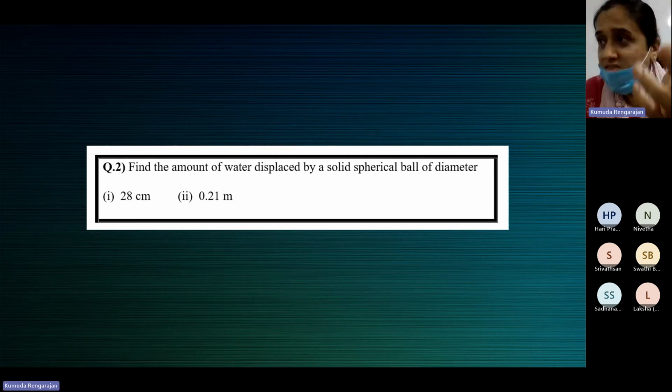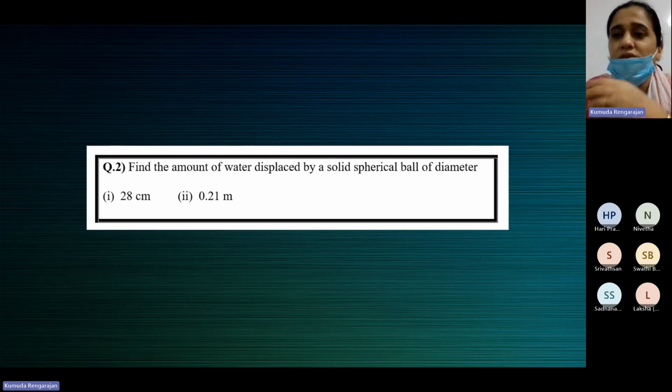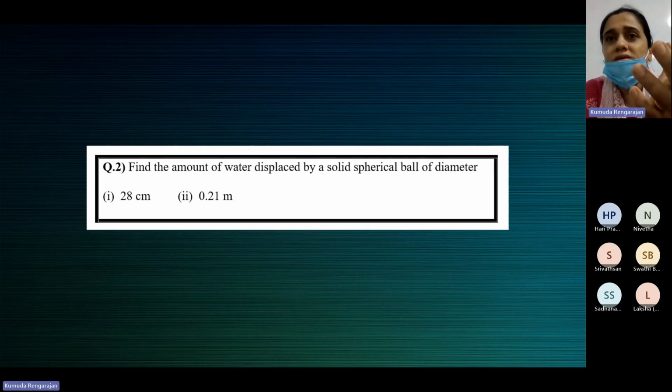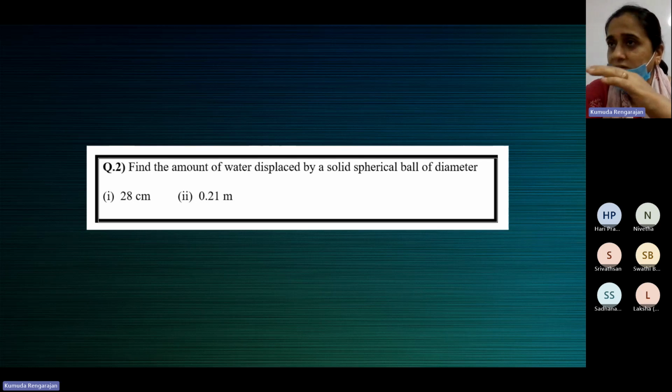The water that is displaced, the water that overflows in this case, will be equal to the volume of the sphere, because the beaker was full of water.